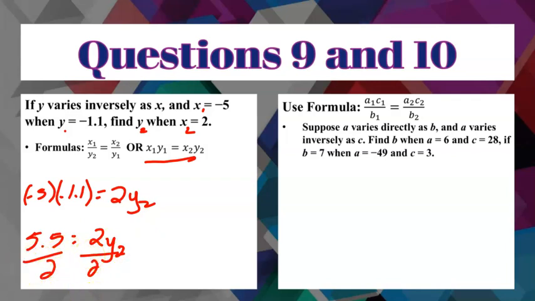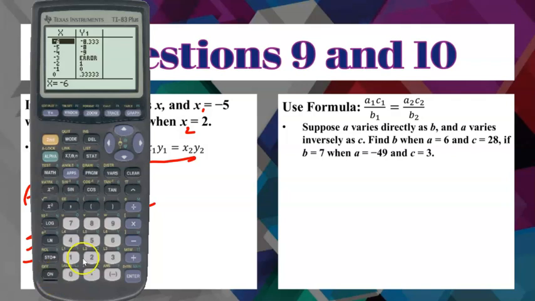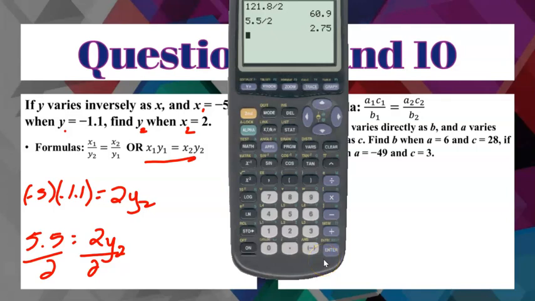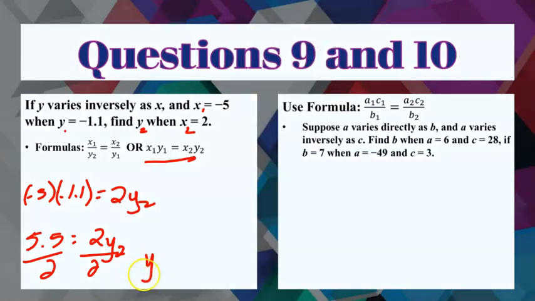And on my calculator, I can easily just do 5.5 divided by 2. I get an answer of 2.75. So y subscript 2 would be 2.75.